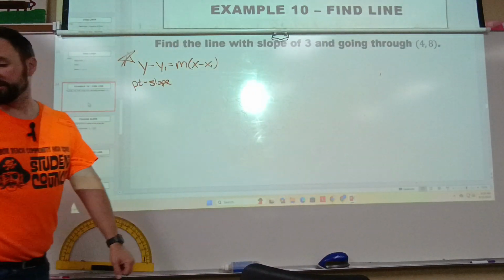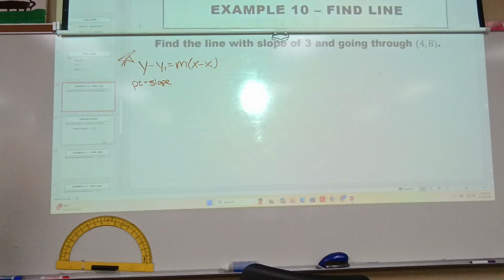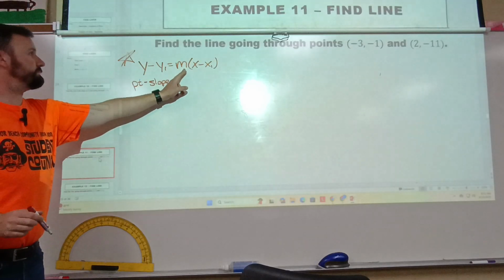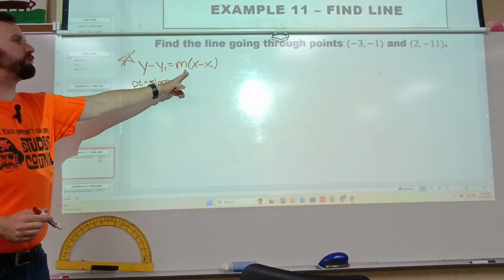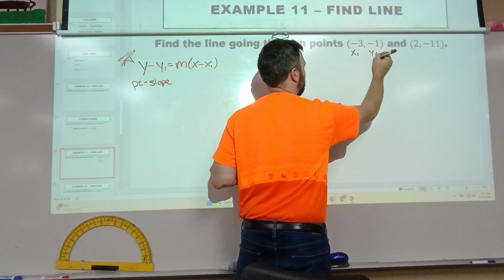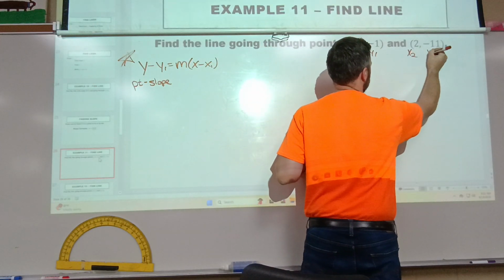So that's, they gave us the slope. What if they don't give us the slope? What are we going to have to do? We have to find the slope. That's it. We're just adding another step. We're given 2 points. Find the slope. Pick a point. Which point will I plug into that? It doesn't matter.